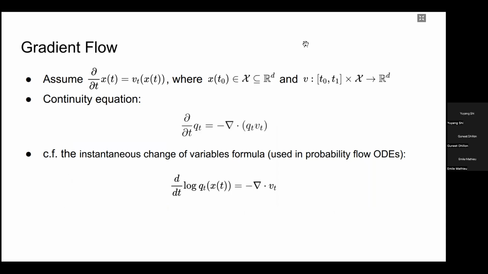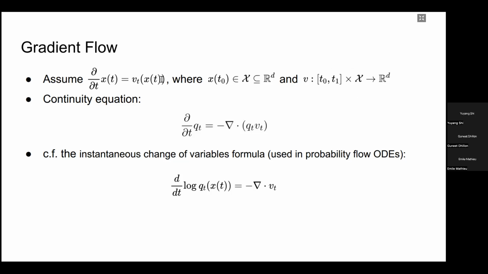What they're assuming is that we model the dynamics of the samples using ODEs, like the one in the first line. For the generative modeling task, xt0, the starting point, will be the data distribution, and V is a vector field that also changes in time, a vector field on R^D.